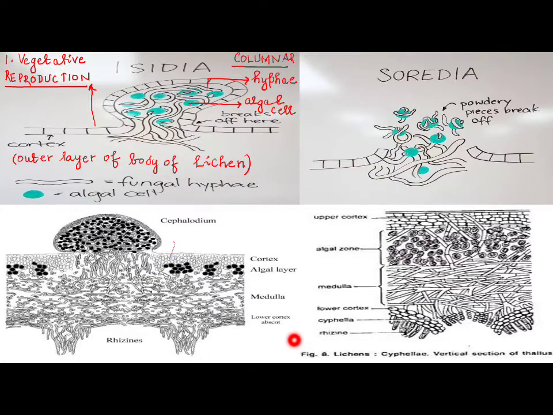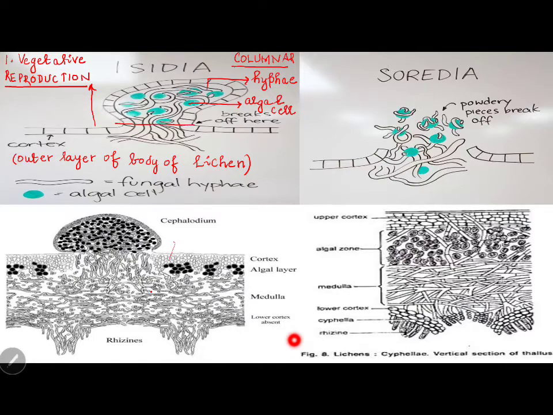Correct? So here, whenever there are favorable conditions, that means when the lichen is well fed, I see columnar outgrowths from the body of lichen which will pack fungal hyphae also, algal cells also. So what happens?